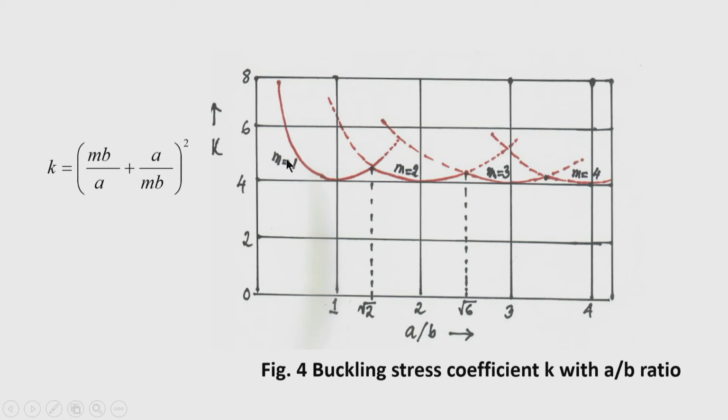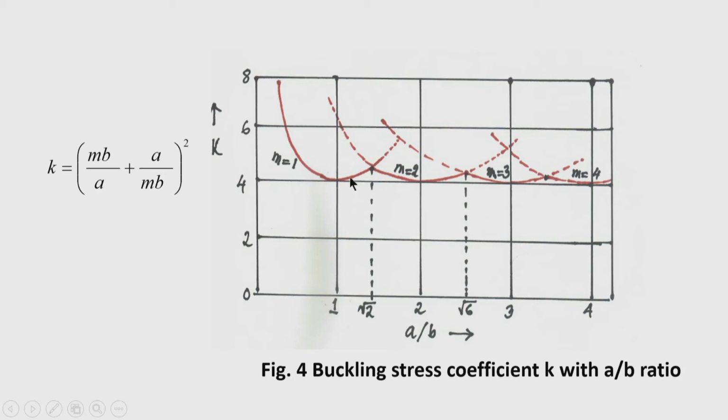That means you have to put the value of m in the buckling coefficient as 1. Okay. For example, here if you get, say, aspect ratio of 1.2, in that case the critical stress coefficient will be slightly higher than 4.